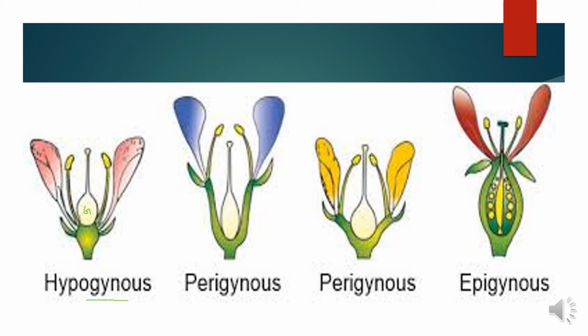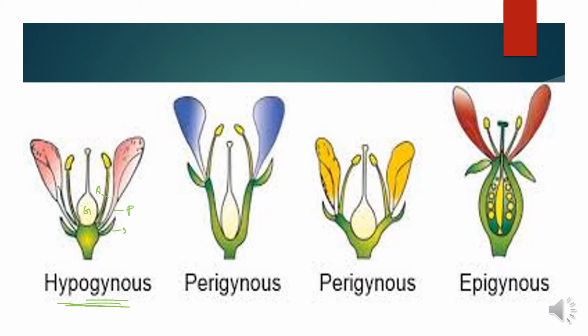That is, this one is the sepal, this one is the petal, this one is the androecium, and we see that the gynoecium occurs above all the rest of the whorls. So this type of ovary, superior ovary, is called a hypogynous arrangement of the gynoecium or carpel.